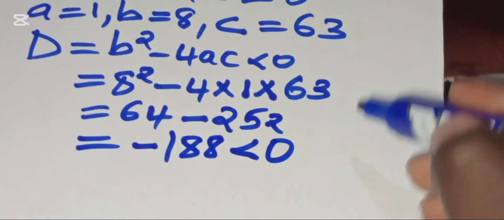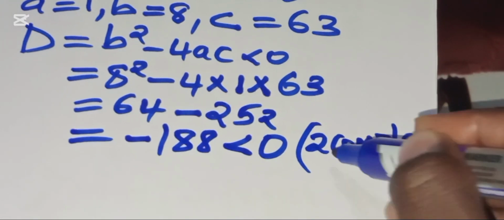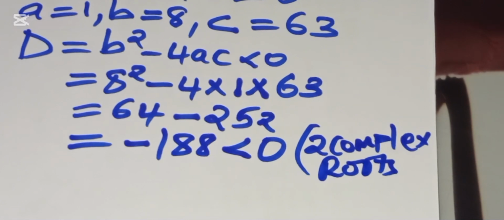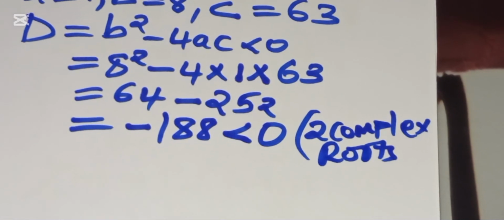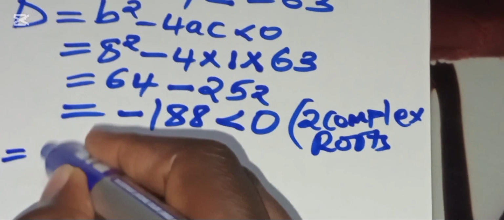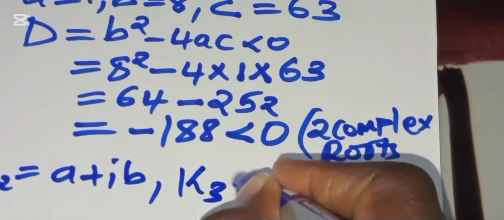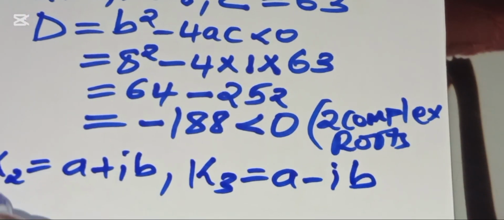That means that we have two complex, or rather imaginary, roots, in the form of k2, which is a plus ib, and k3, which is equal to a minus ib.